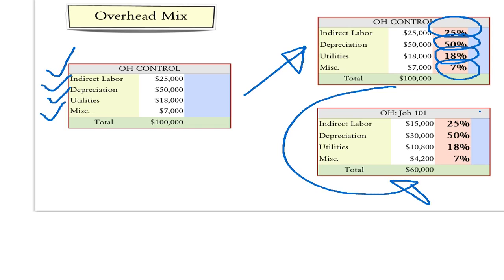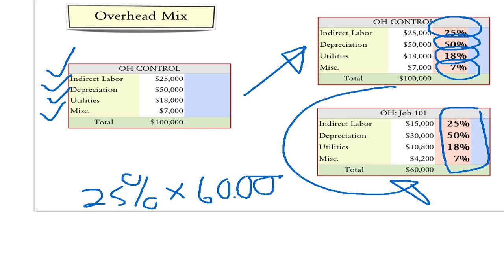In other words, 25% indirect labor, so 25% times 60,000 results in $15,000 of indirect labor ending up in job 101. And we could do that same type of calculation for depreciation, utilities, and miscellaneous.